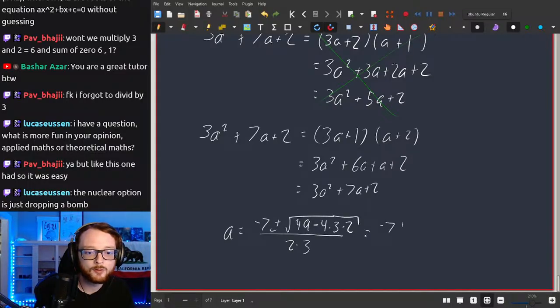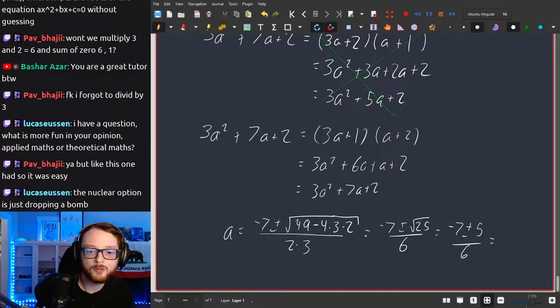Minus 7 plus or minus, that's 24. 49 minus 24 is 25, over 6. So we get negative 7 plus or minus 5 over 6.